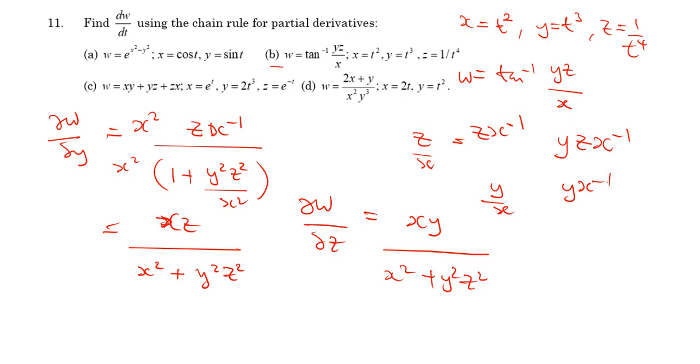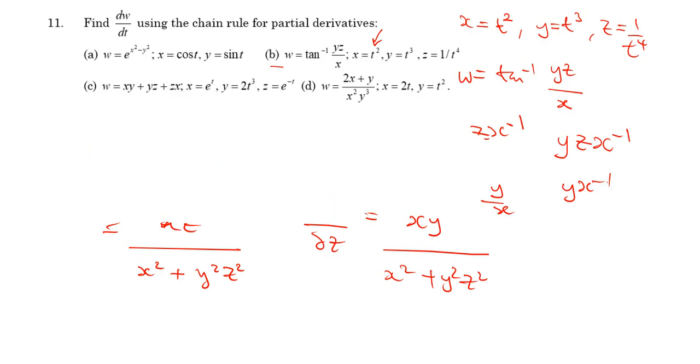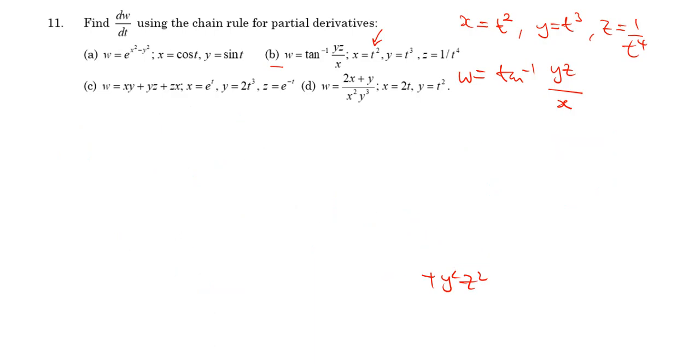Now next you have to differentiate. We wrote x as t squared, y as t cubed, and z as 1 over t to the fourth. So you have to differentiate now with respect to t. Meaning you're going to get dx/dt. What is this going to be? That would be 2t, by just dropping the power and reducing it.